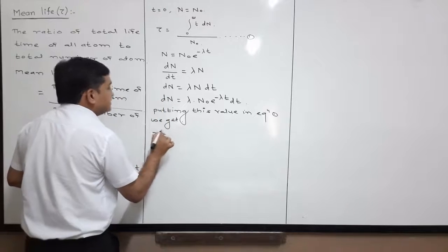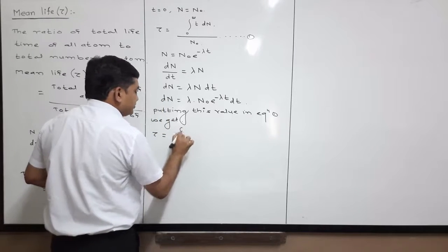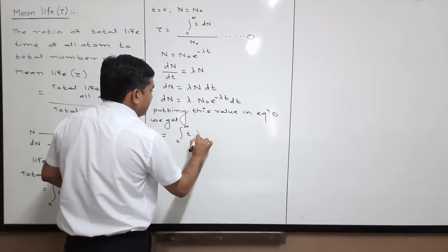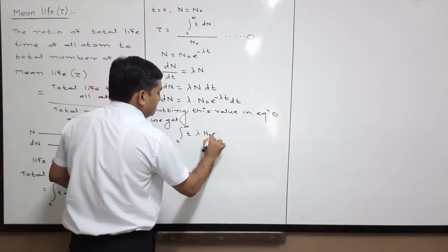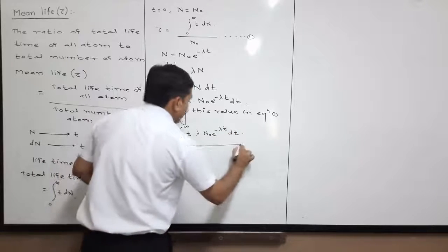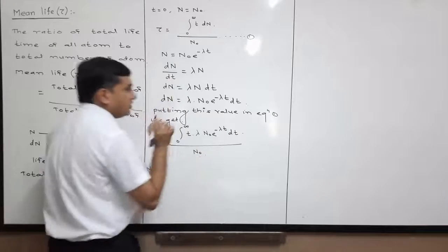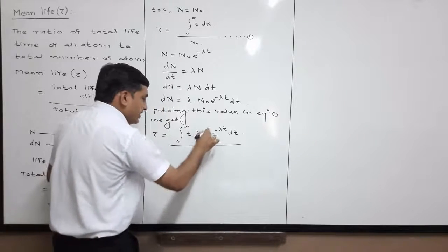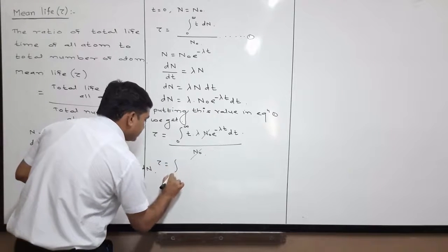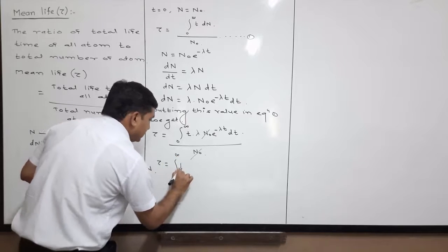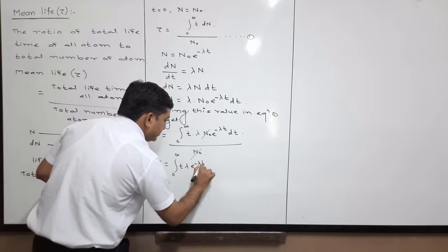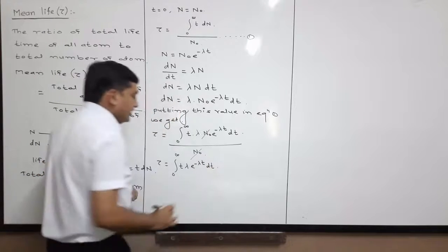tau, that is the mean life, is equal to the integration from 0 to infinity of t into dN. The value of dN is lambda N0 e raised to minus lambda t dt, divided by N0. This N0 gets cancelled, and therefore tau is equal to the integration from 0 to infinity of t into lambda e raised to minus lambda t dt.